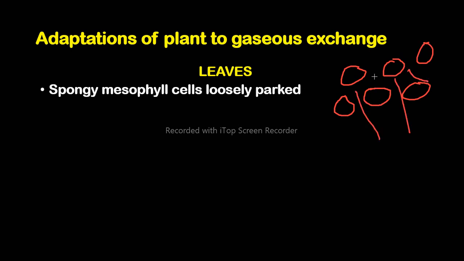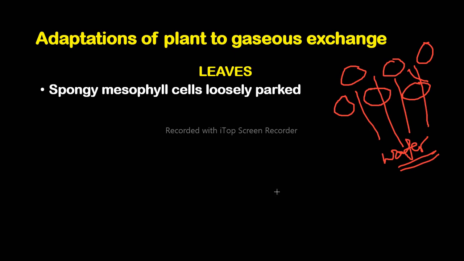And like we said, these air spaces are not just spaces with air. No. They are filled with water. And you know how water can easily facilitate the diffusion of these respiratory gases.